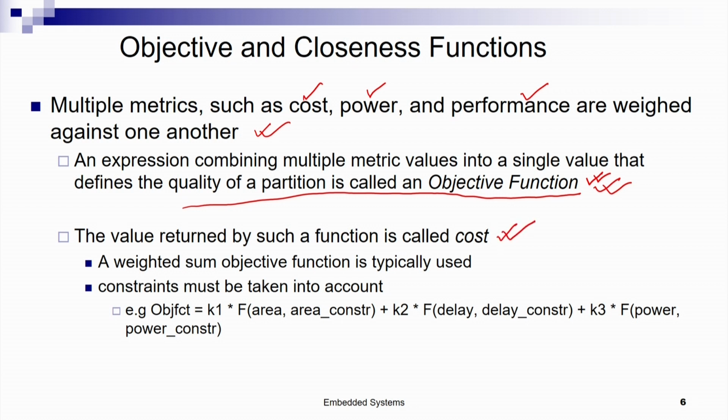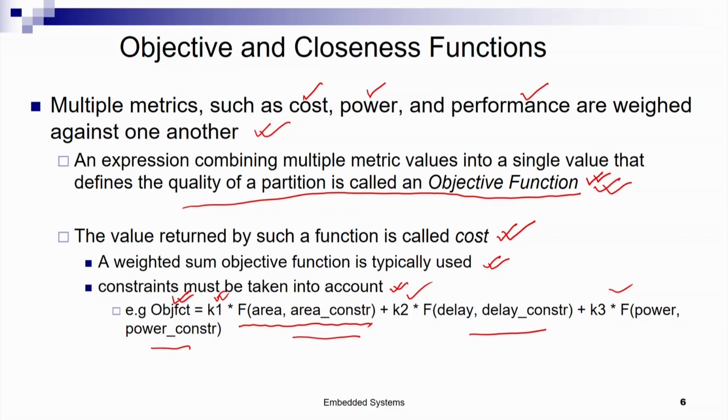So, the value returned by such a function will be called the cost. The weighted sum objective function is used. For example, all constraints have to be taken into account. How? The objective function could be, let us say, K1, which is the weight, K1 into area plus K2 into delay plus K3 into power. Suppose f of area comma area constraint returns a value with respect to the area taken by the system against the area constraint that I have.